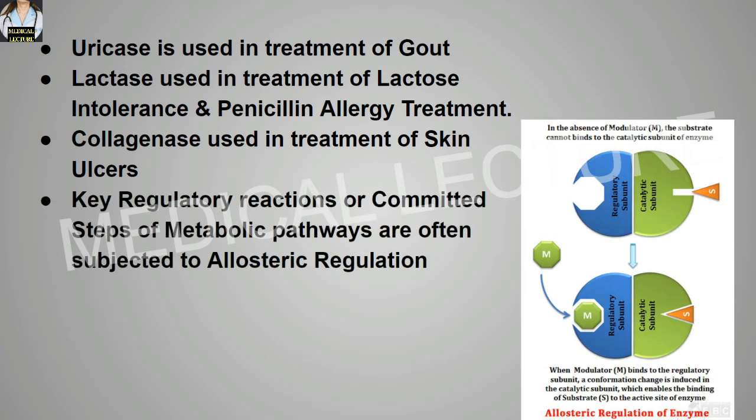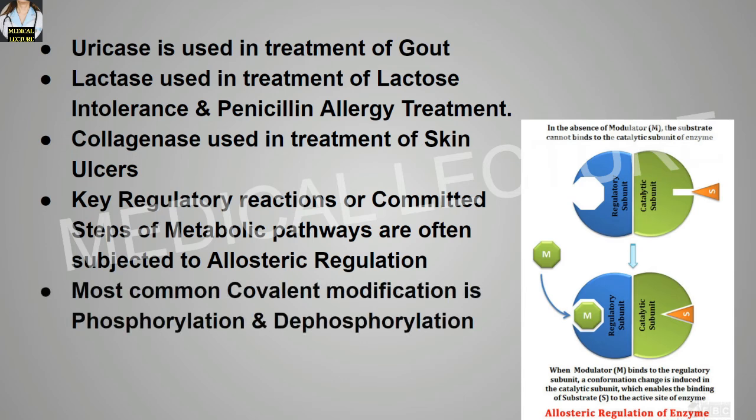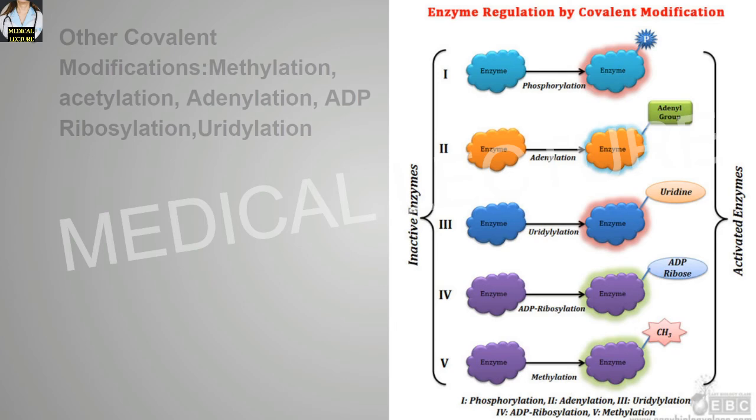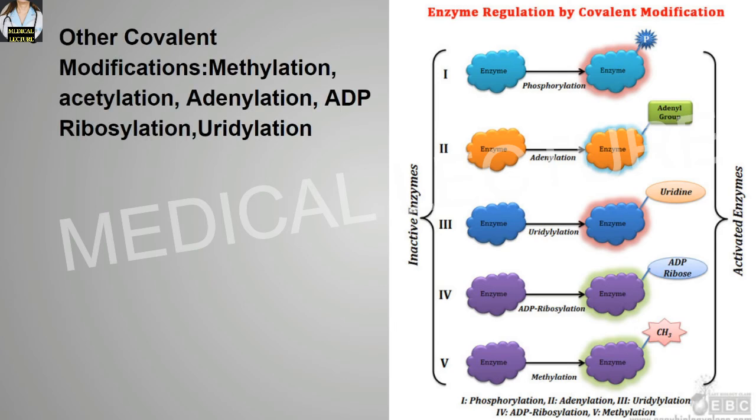Key regulatory reactions or the committed steps of the metabolic pathway are often subjected to allosteric regulation. The most common covalent modification is phosphorylation and dephosphorylation. Other covalent modifications are methylation, acetylation, adenylation, ADP ribosylation, and uridylation.